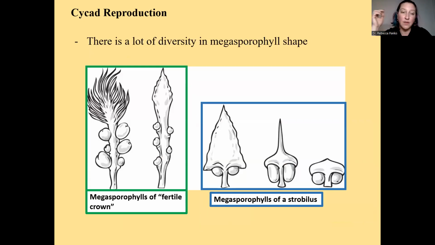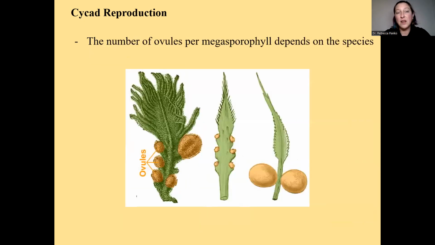The leaves of the fertile crown look more like leaves compared to the leaves of the Strobilus. But overall, there's a lot of diversity in Microsporophyll shape, and the number of ovules per Microsporophyll depends on the species. This one on the right has 2 ovules, whereas the one in the middle has 6 ovules, etc. Depends on the species.